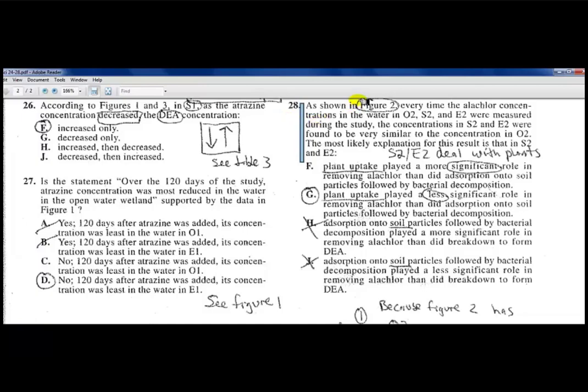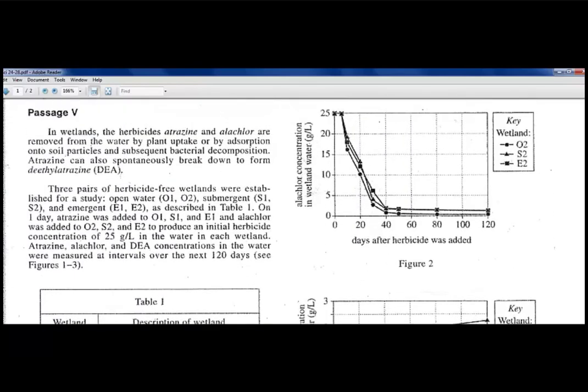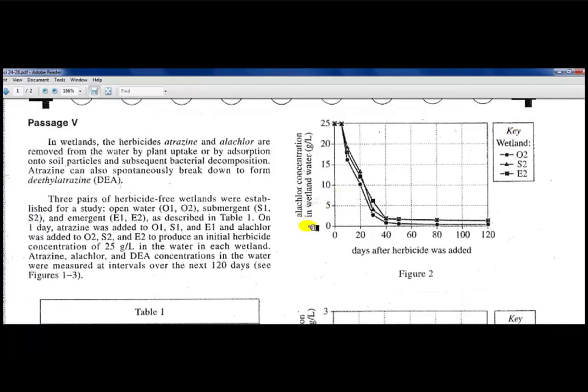First of all, we need to go to Figure 2. In Figure 2, we have to look at O2, S2, and E2 and see what's happening. So let's do that. We'll get our feet wet. We'll go all the way back up here, and we'll look at Figure 2. Figure 2 is right here. Here is the x-axis, the days after the herbicide was added, and here is the concentration. You'll notice that O2, S2, and E2 from the key are right here, and basically everything is doing the same thing.